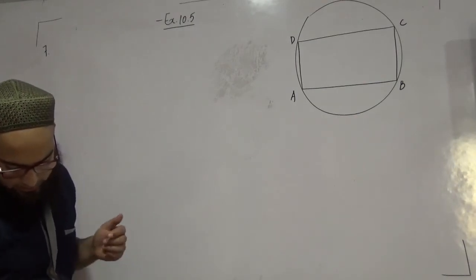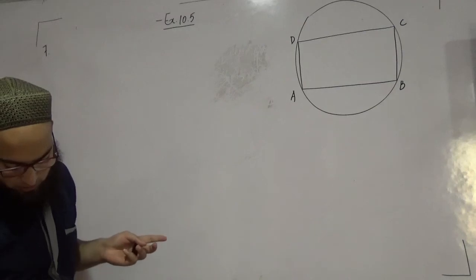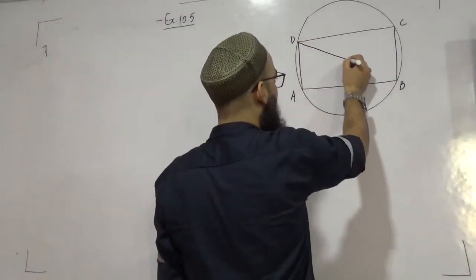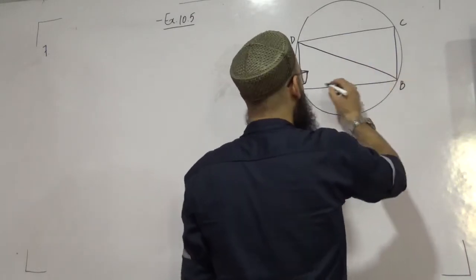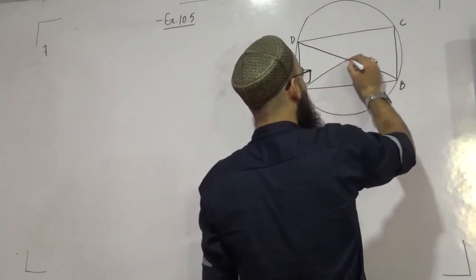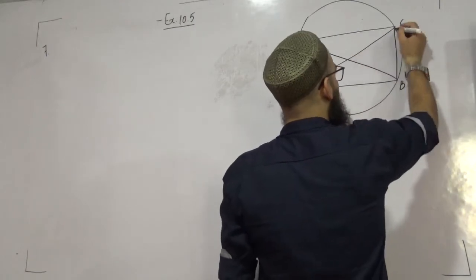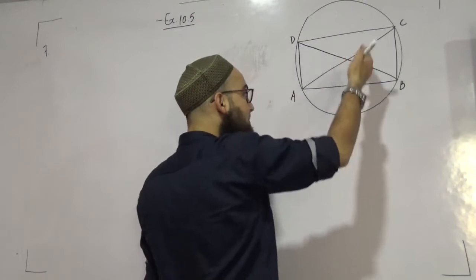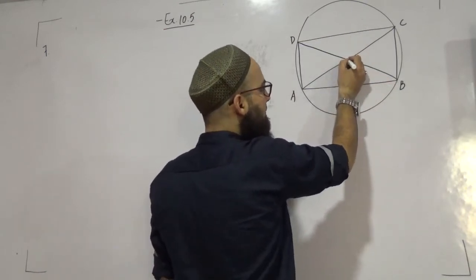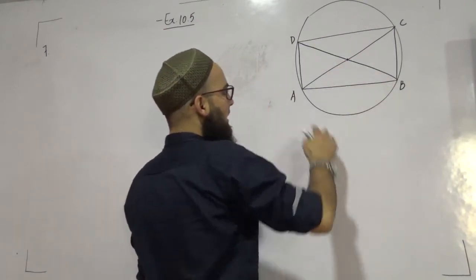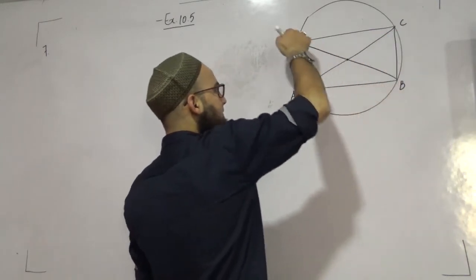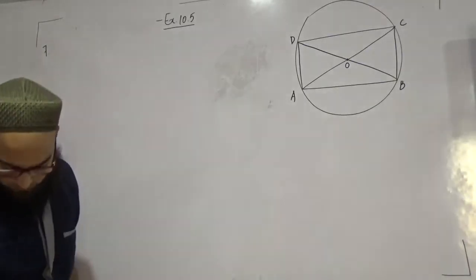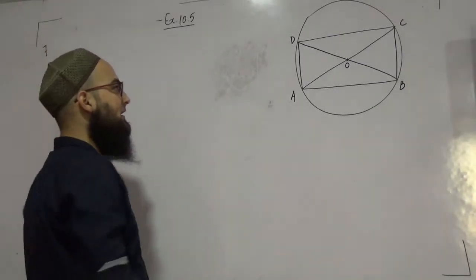The two diagonals are the diameters of the circle. If they are diameters, that means this is the center. AC is a diameter, BD is a diameter. Let me name this center O. You have to prove that ABCD is a rectangle.